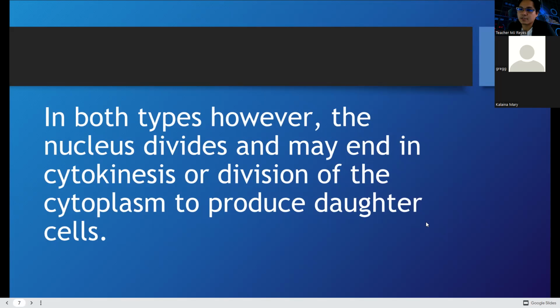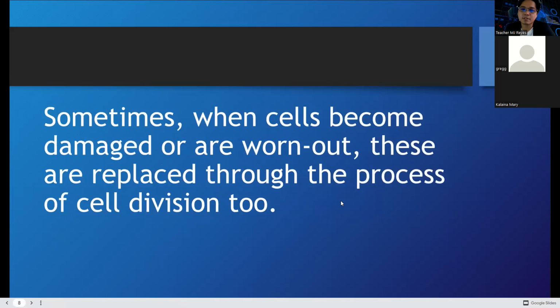Sometimes when cells become damaged or worn out, these are replaced through cell division too. If we need replacement for our cells, cell division is also doing its process.